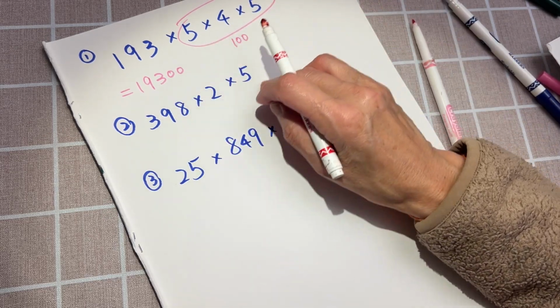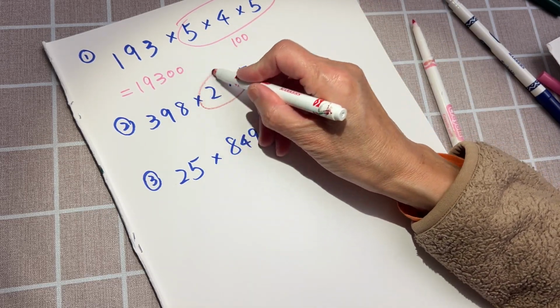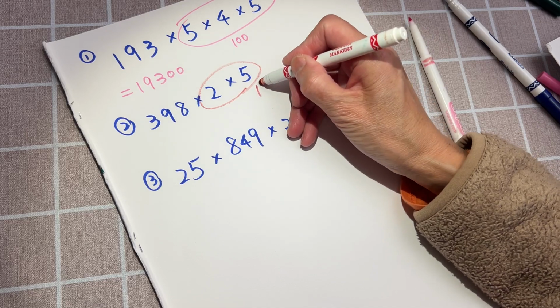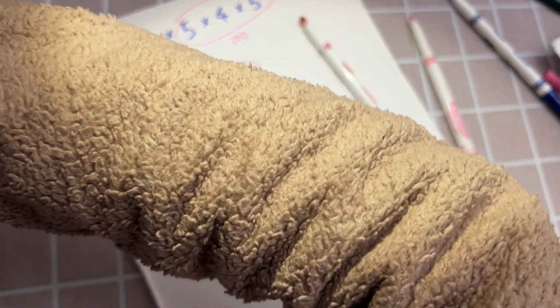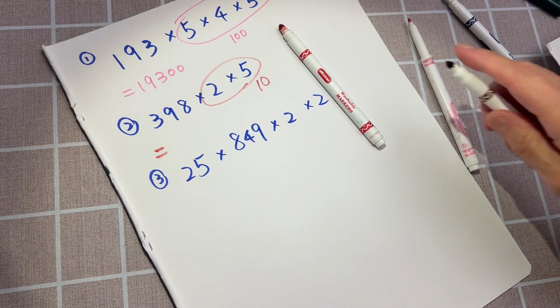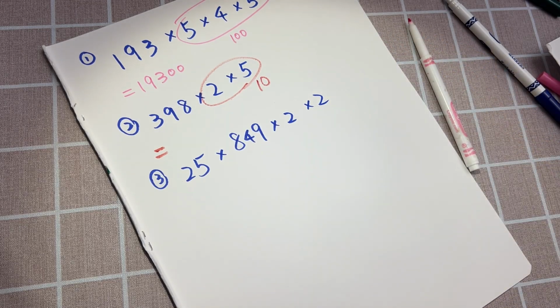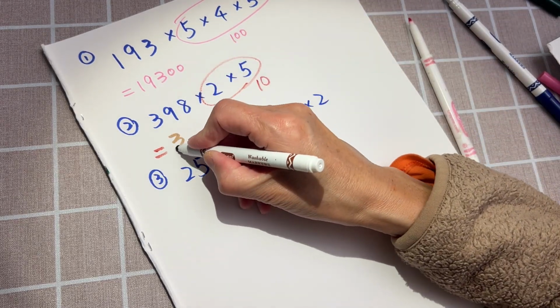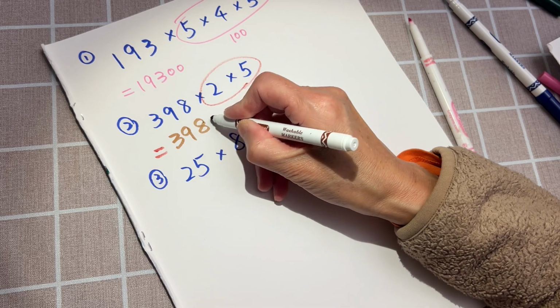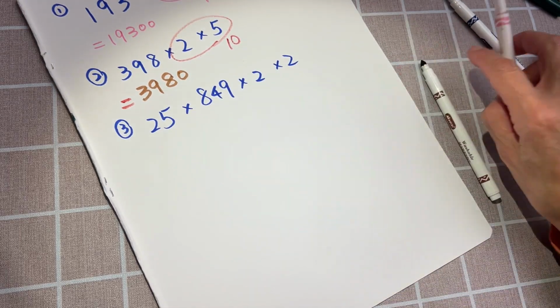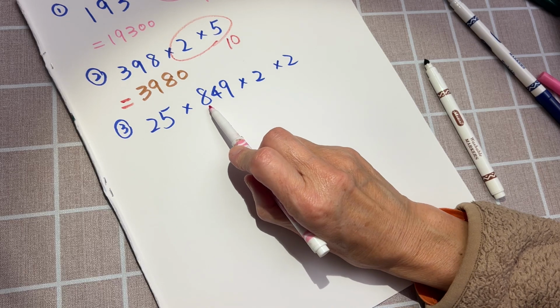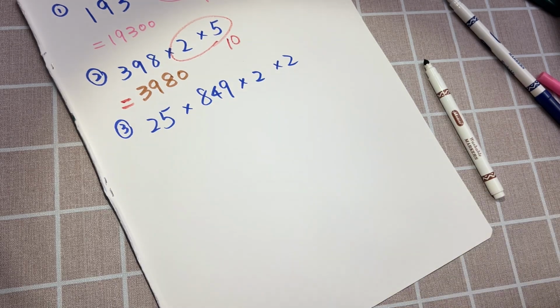You can do it, but let's take a look at this. 2 times 5 is 10. So the result is 3980. Easy peasy lemon squeezy. 25 times 849. Ooh, that is quite a job.